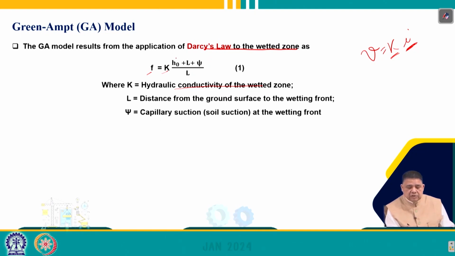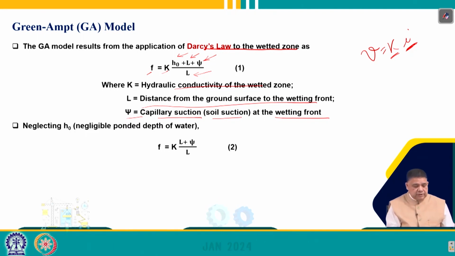So, we already saw that there are three components here, H0, L and psi, and of course, the wetting front has moved up to a depth of L. So, L is the distance from the ground surface to the wetting front, and psi is the capillary suction or soil suction at the wetting front, just as we saw in the previous picture.